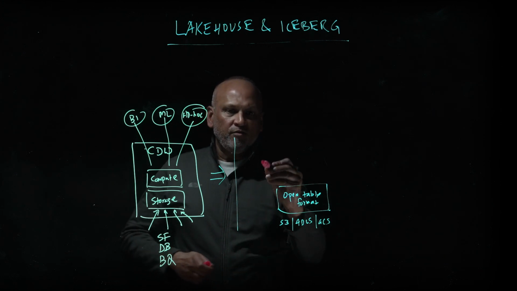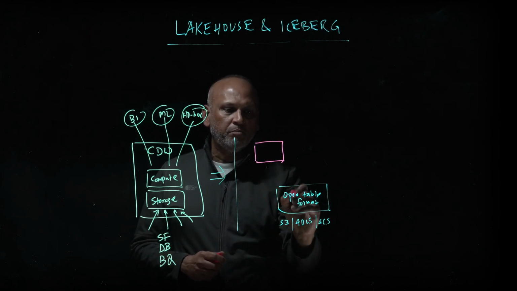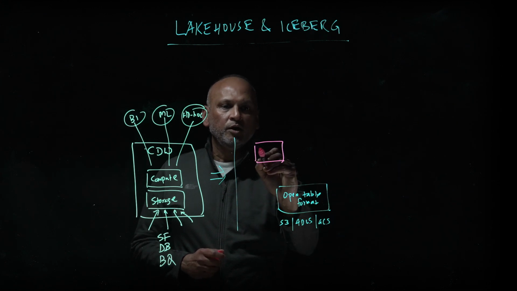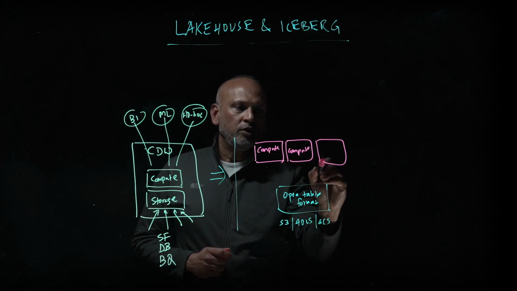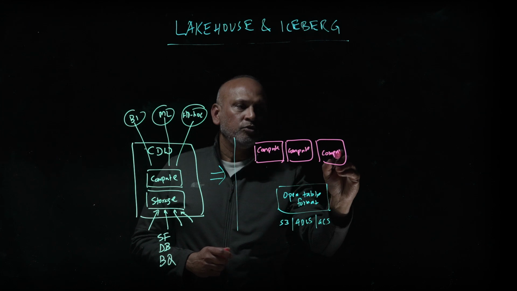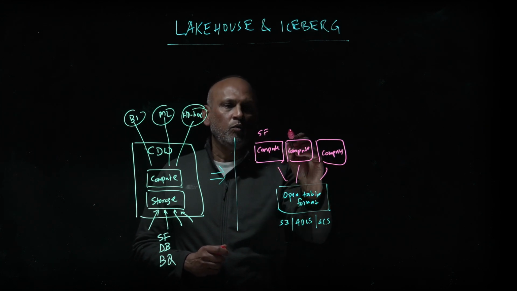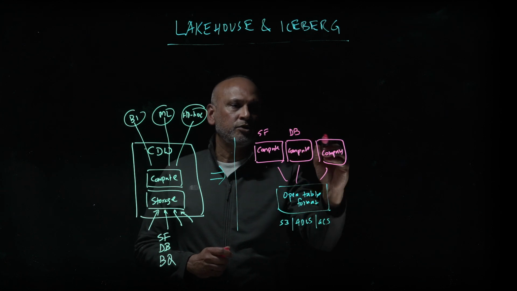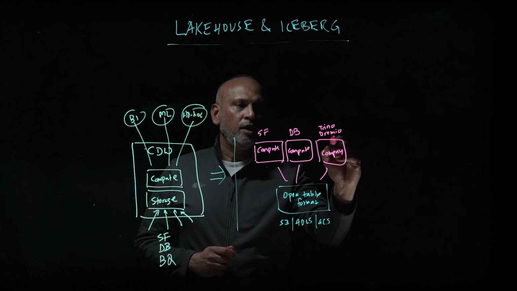Now, you also have another layer for compute, but in this case the compute layer is not bundled with your storage layer. You can have multiple compute engines working on this data. One engine could be Snowflake, one engine could be Databricks, another engine could be Trino, Dremio, and others.